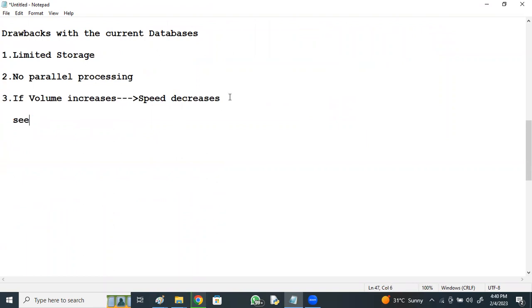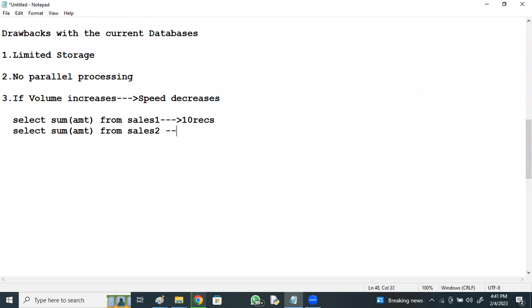Select sum of amount, total amount from sales 1. Think you got some 10 records in this. Select total amount from sales 2, you got some 1 lakh records.